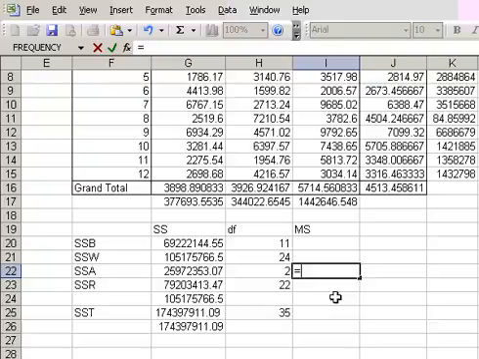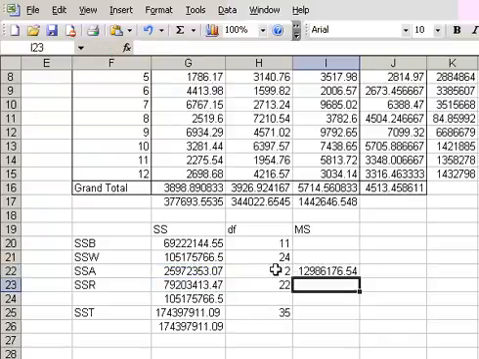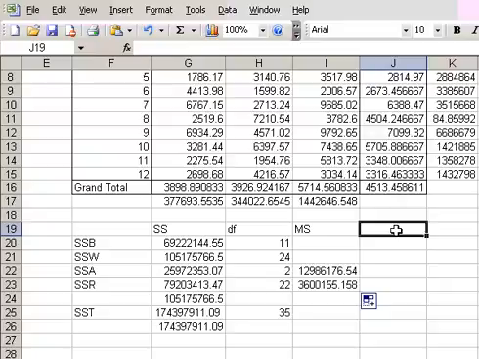So the mean square for admissions is the sums of squares for admissions divided by 2, and the mean square residual is sums of squares residual divided by 22. These are the two values which will make up the f-test.